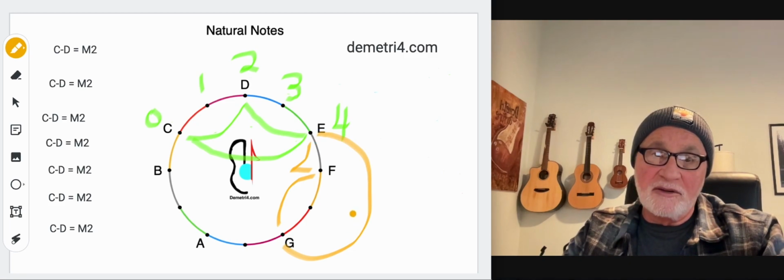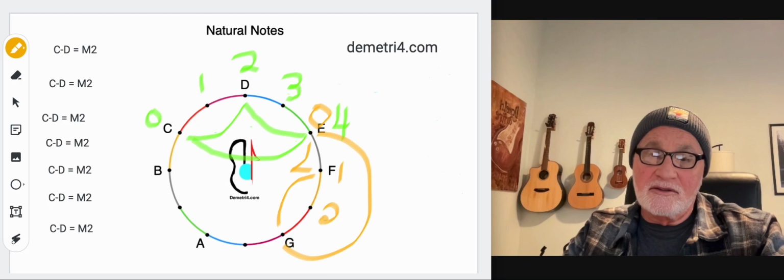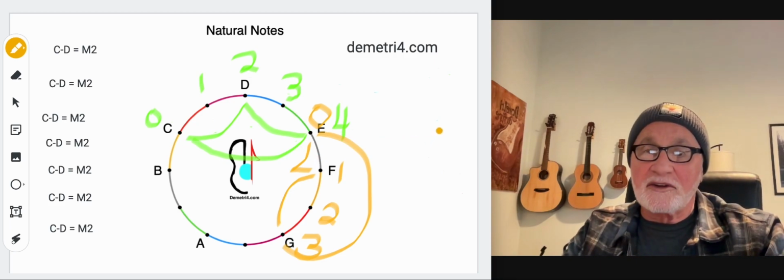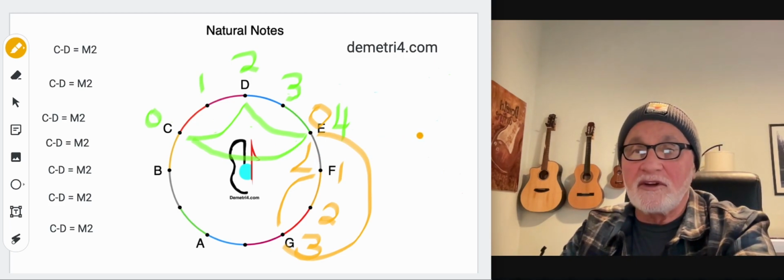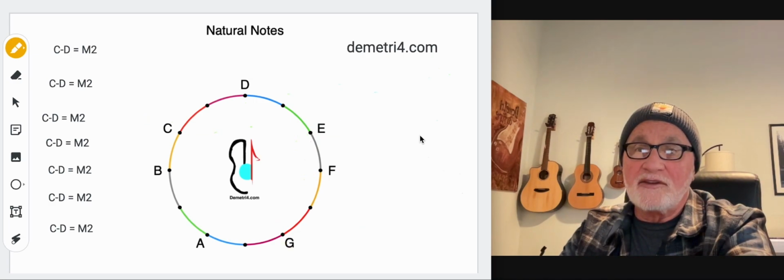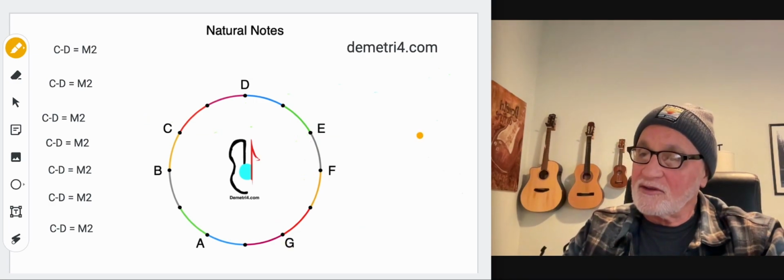We get a minor third, 3 dots. 0, 1, 2, and 3. And hopefully you can stop there and get a screenshot of that, because I'm going to erase all that. So remember, a major third is 4 dots, and a minor third is 3 dots.